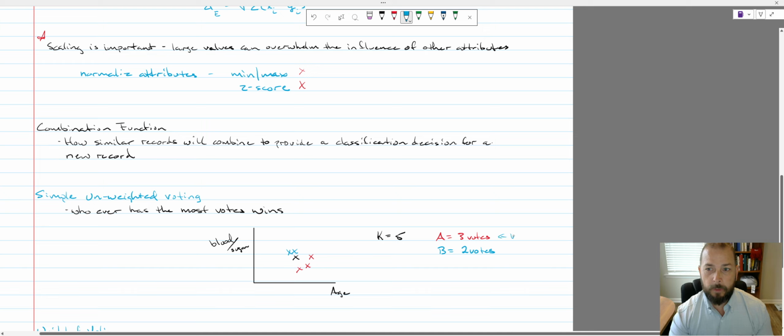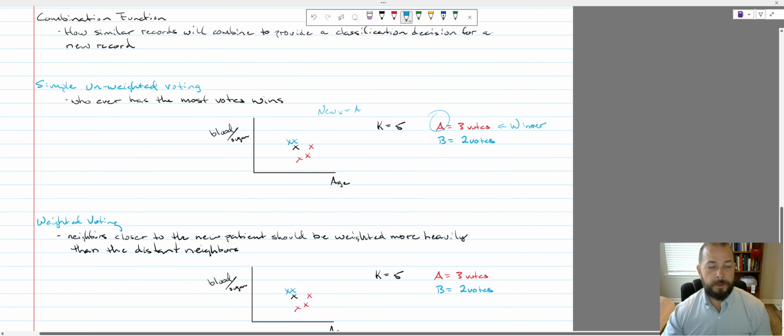Winner, winner, chicken dinner for drug A. So in determining which drug I would give my new patient, the new X would equal drug A. That's using simple unweighted voting, where the most votes win out of my K equals 5.